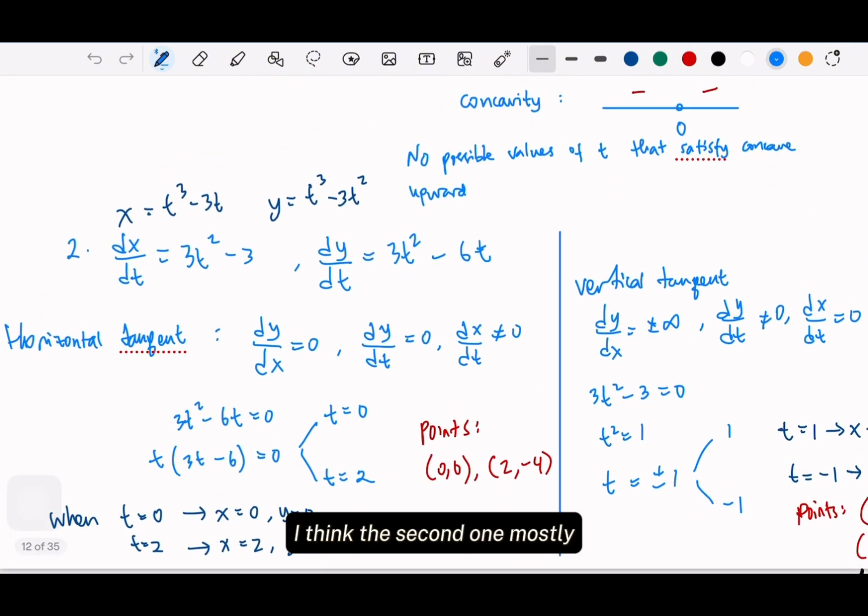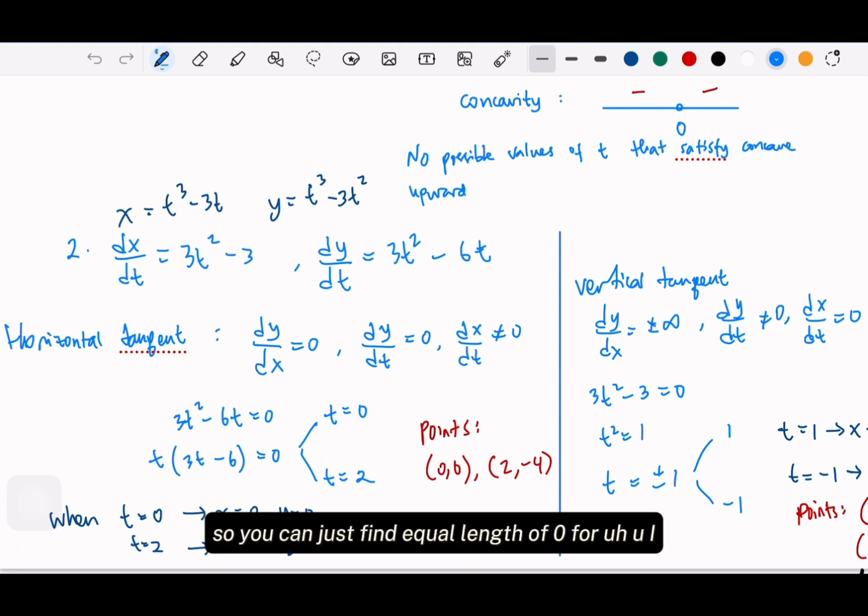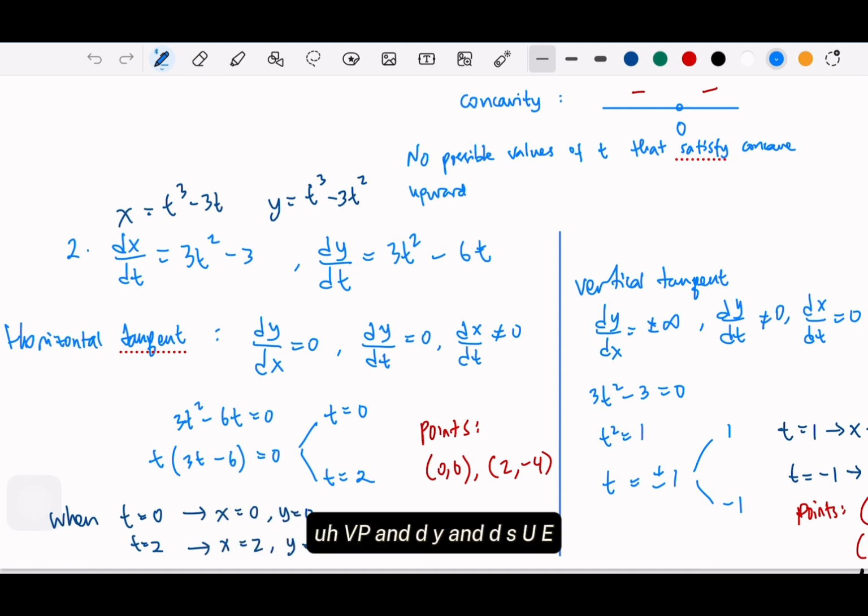I think the second one, mostly you got correct. So you could just set dy/dt equal to 0 and dx/dt equal to 0, and you get the horizontal tangent and vertical tangent. You get the t, but it's not finished yet. You need to make sure you get the points.